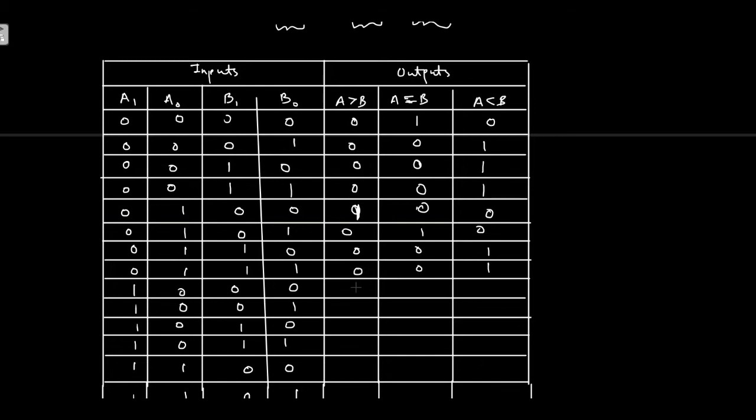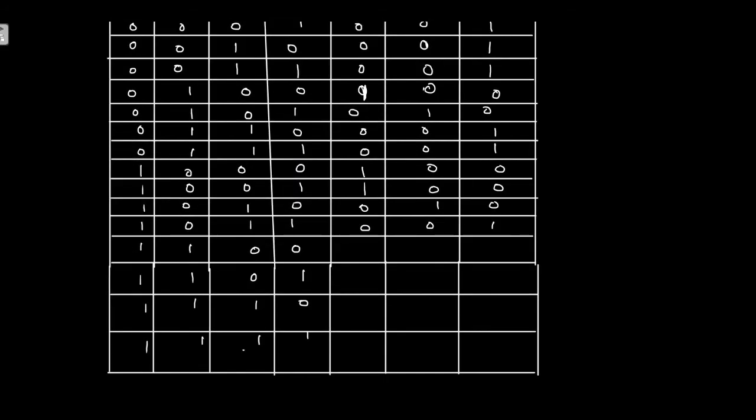Now 10 is greater than 00? Yes. 10 against 01: 10 is greater than 01. 10 against 10: equal. 10 is less than 11. 11 is greater than 00, yes. 11 is greater than 01, yes. 11 is greater than 10, yes. And equal for 11.